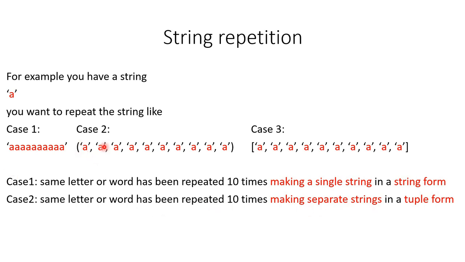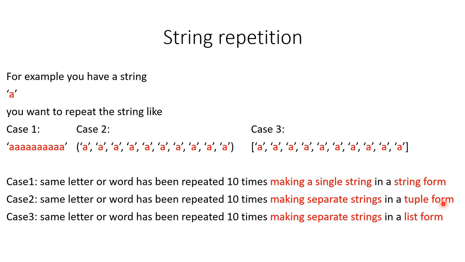You can see these are separate strings separated by comma in a tuple form. And in the third case, it is the same letter or same word repeated 10 times, making separate strings that are separated with commas in a list form. So let's see all the three cases one by one and see how you do that in Python 3.